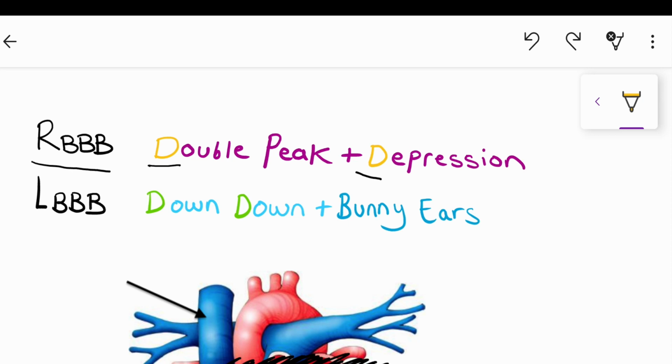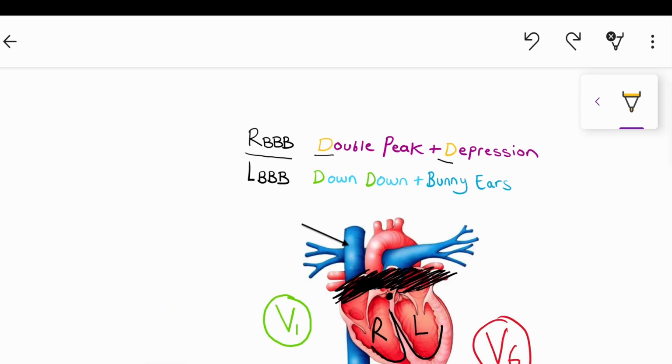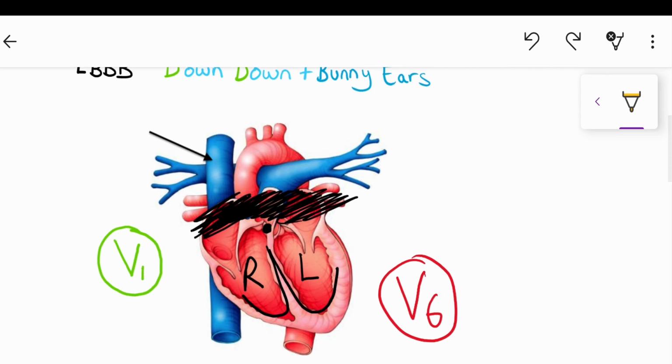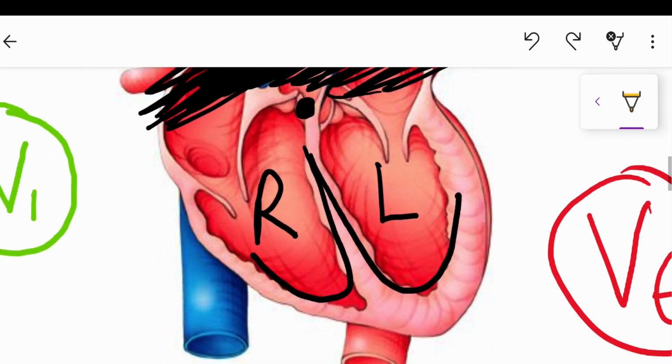When you think of left, think of double down and bunny ears. Okay, double peak and depression for right, double down and bunny ears for left. We will get into why this is the case, but let's focus on the physiological movement of the impulse. You have to know it. If you do, it'll make so much sense.